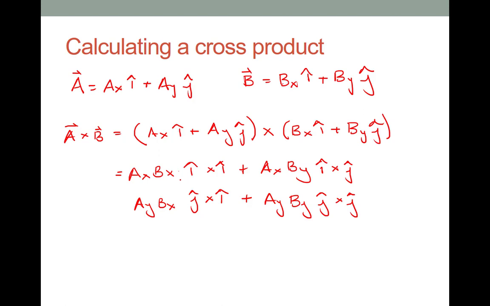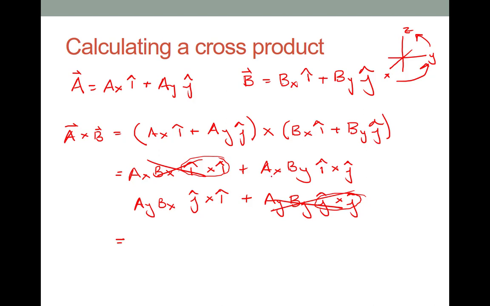Two of these terms we can see automatically are 0. i cross i and j cross j are 0, so these two terms go away. i cross j, as we saw on that schematic, if you remember, it did this. I have x, y, and z, and it went around counterclockwise, so x cross y gives us z.